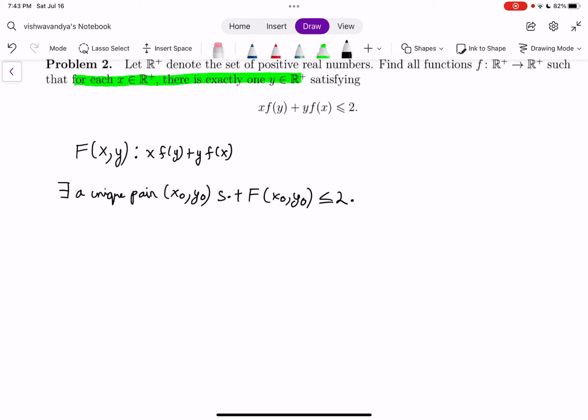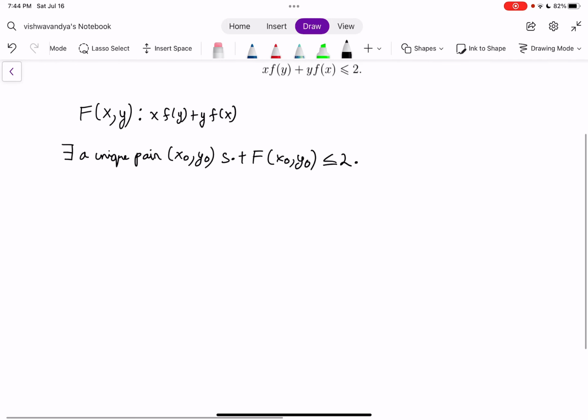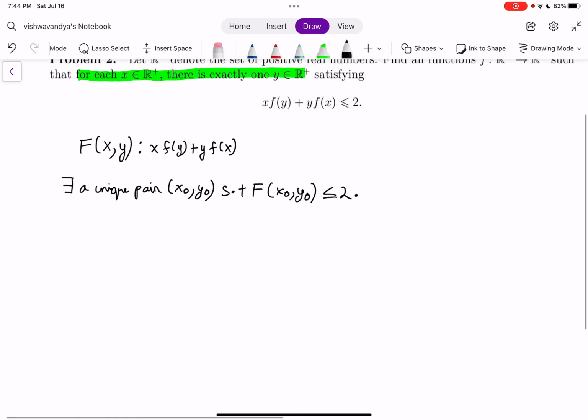That means it's not just x naught and y naught, we can choose multiple solutions. So for each x, we can choose multiple x's and we will have their corresponding y's. I'll take advantage of this, to take good advantage of this property.